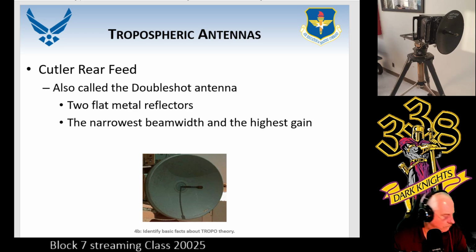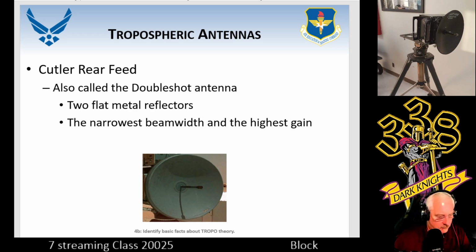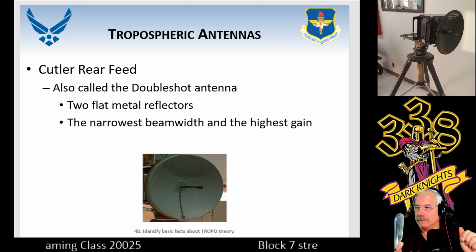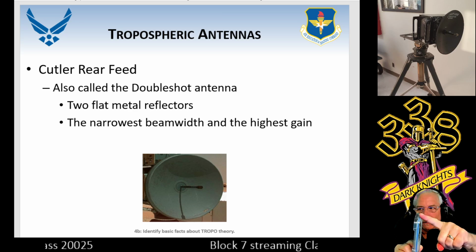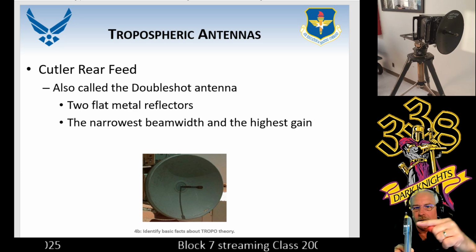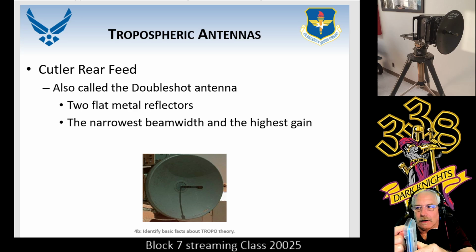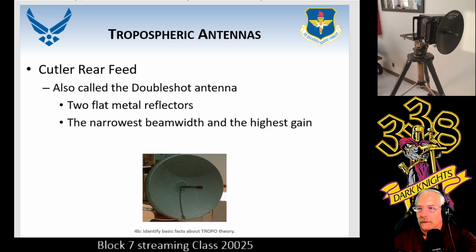Let me see if this shows up. Okay, so you see this? This is your waveguide. And what will be on it, there'll be a metal reflector on that side and a metal reflector on that side, and right about here and here will be a rectangular hole.